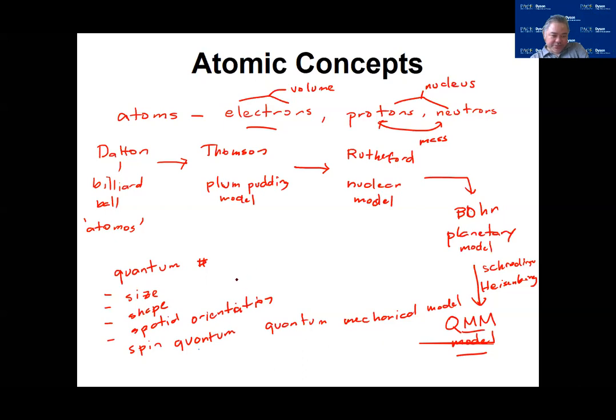And usually the first three tell you about the location of your electron in a given atom. So that's what we call the orbital. So this is, we could say, the atomic concepts that are involved.